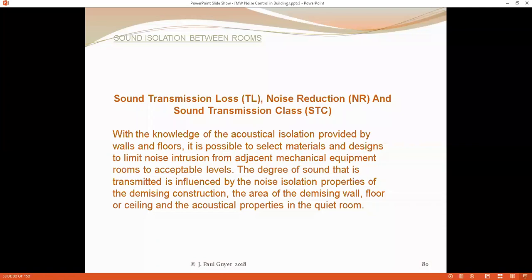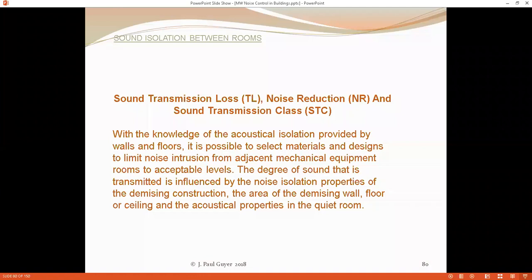So in this simple example, you've got a 90 decibel sound being produced in the source room. You want to reduce it to 40, so you simply select a construction scheme with an STC rating of 50. 90 minus 50 equals 40. So you've achieved your target in this simple example.